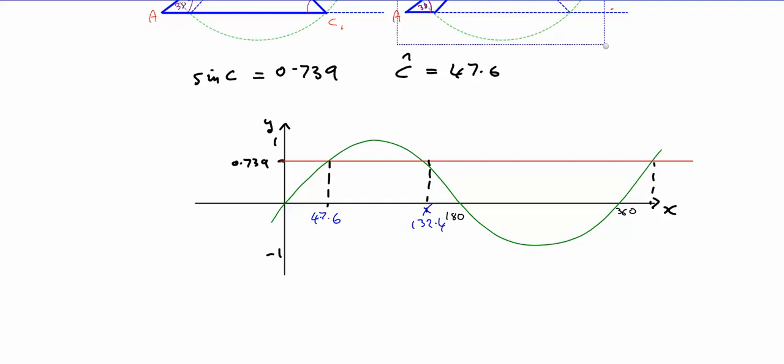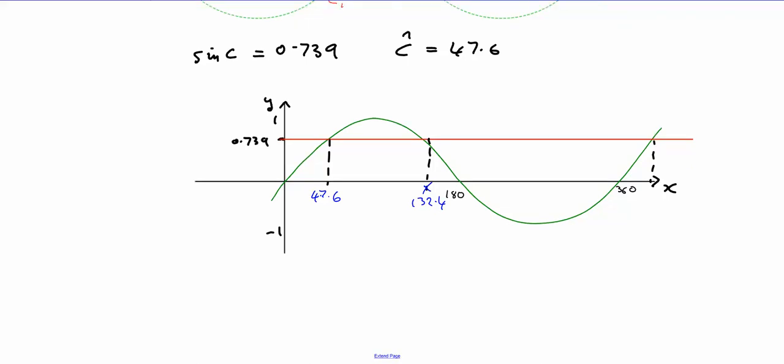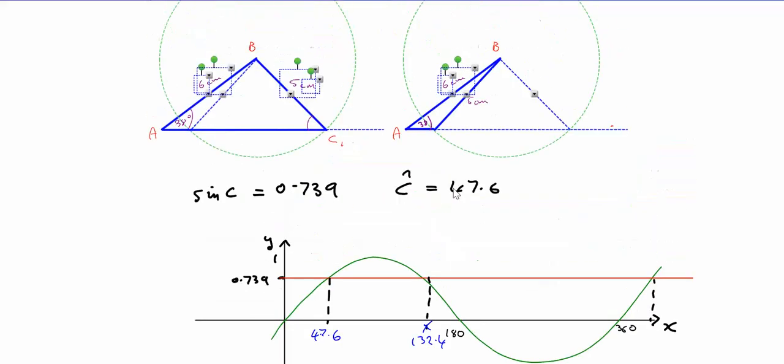So there are two values of C, two values for which the sine of an angle is 0.739, 47.6 and 132.4.